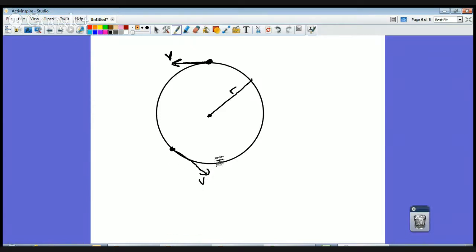And it's always turning towards the center of the circle. Always. So there must be an acceleration that's going towards the center, and we call that the centripetal acceleration. If the car is maintaining the same speed, then we call that uniform circular motion.